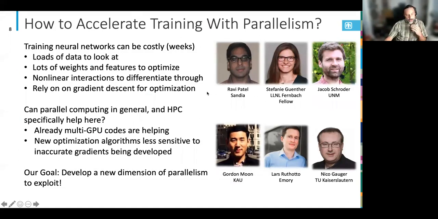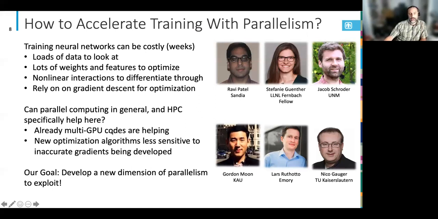So I've now talked at a high level about what we're going to be going into. The motivation here, of course, is that training neural networks can be costly, weeks of time to really do these things. There's lots of data to look at, lots of weights and features to optimize. These are all expensive operations. And so the question is really, can parallel computing in general and high performance computing, as familiar to the PDE simulation world or scientific computing world, be of help here?